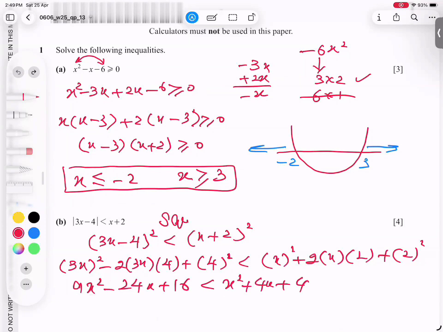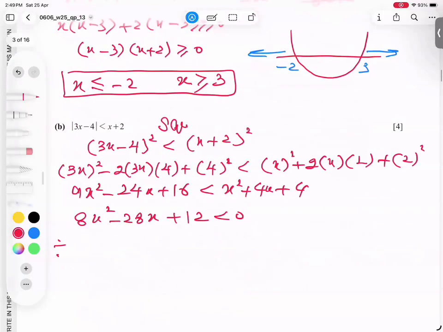This will subtract from here, I will get 8x square. This will add, I got negative 28x. This will subtract, we get here plus 12. This is not compulsory, but if you do it, it makes the question easy: divide by 4. So I got 2x square, negative 7x and plus 3. 3 2s are 6. Again, we have two ways, 6 1s are 6 and 3 2s are 6.